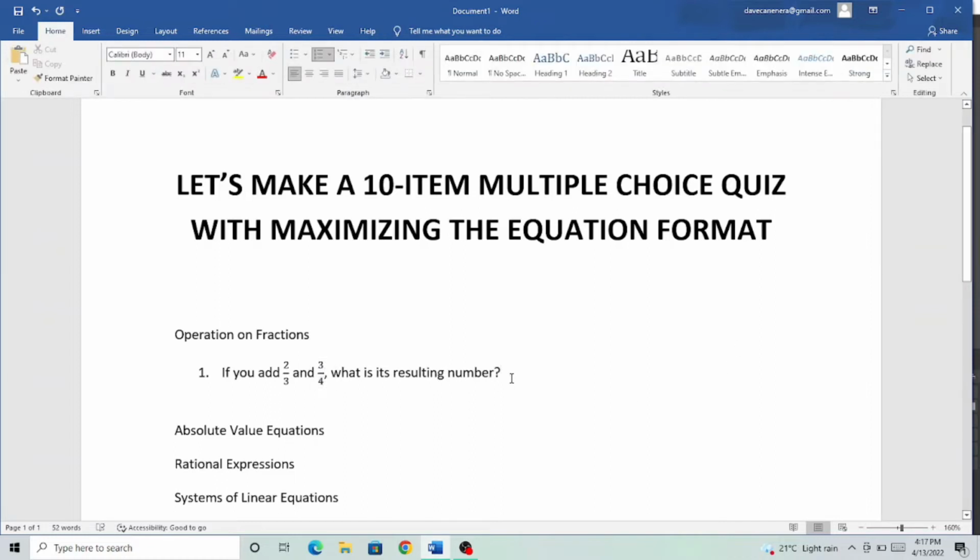I will be simulating the answers. Make sure that when making a multiple choice quiz, you maximize the use of plausible distractors to make the quiz more reliable and valid.